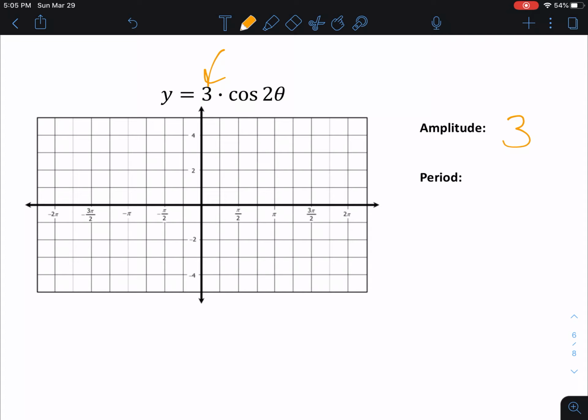Our period is 2 pi divided by b. Our b is that number that's in front of theta, so in this case that's 2. 2 pi divided by 2 gives us pi.